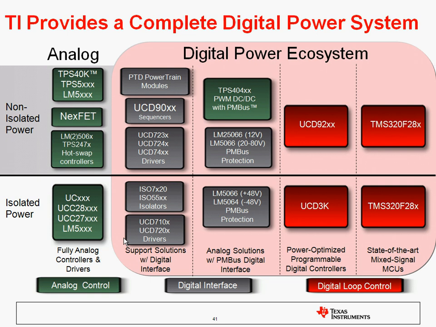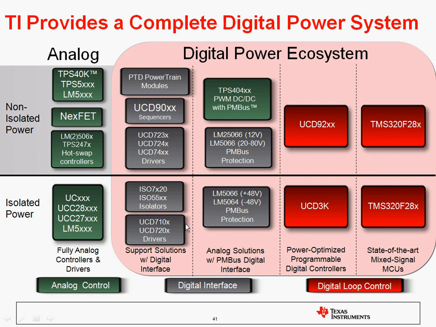So in addition to our analog, non-isolated, and isolated power circuits on the left, we also have products that have an analog loop with a digital interface in this category over here, both for non-isolated power, for hot swap control, and in isolated power.